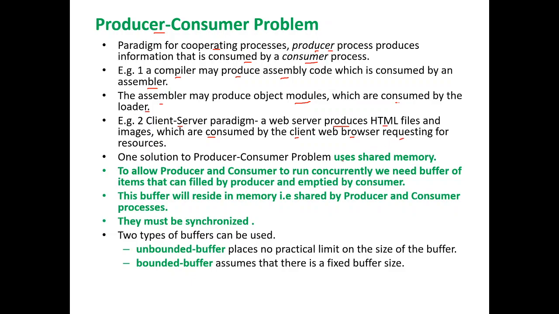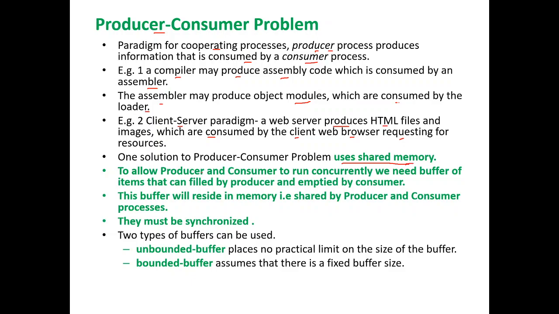Now one solution to the producer consumer problem is that it uses the shared memory. So when someone is producing the information and another one is consuming, some sort of memory is required, and that is used as a shared memory.